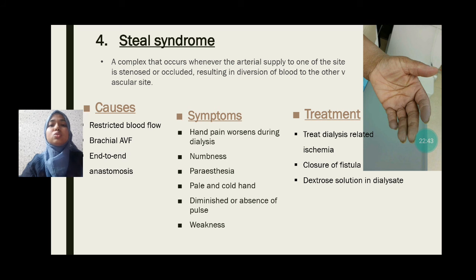If a radial artery is connected to a vein, the blood from that radial artery will get diverted into the vein. So if we are running our machine's blood pump at 400 ml per minute with a very good fistula, the remaining 200 will go further.